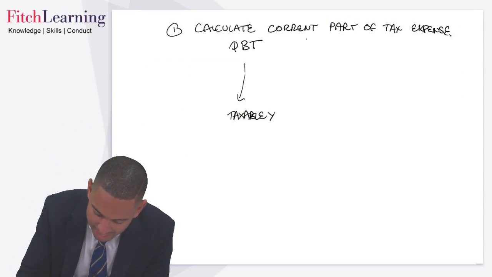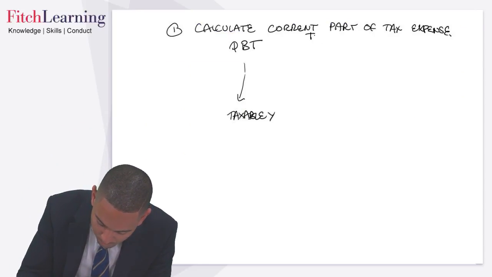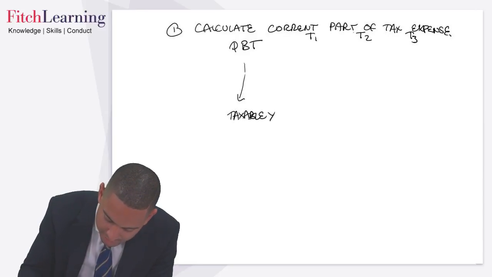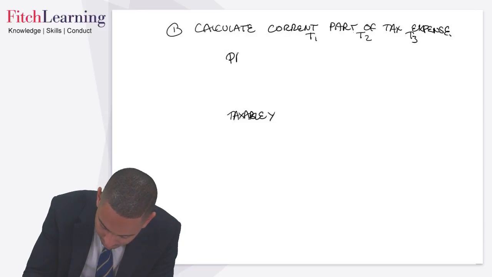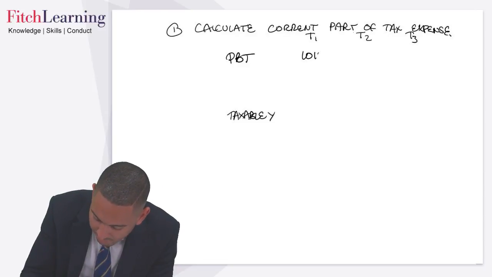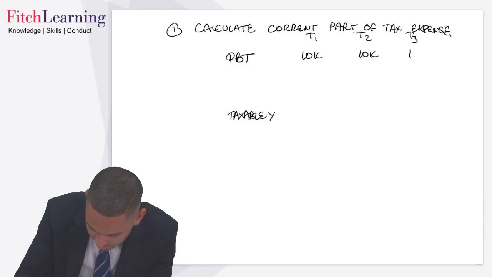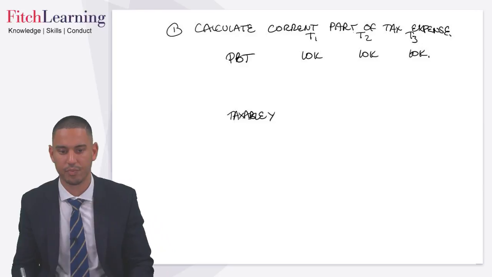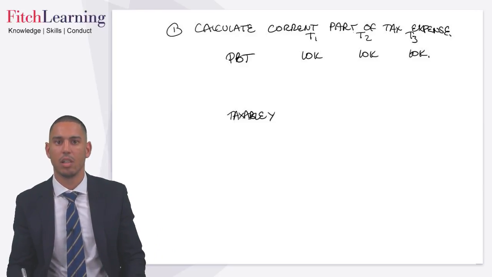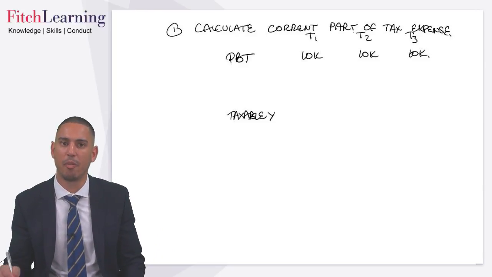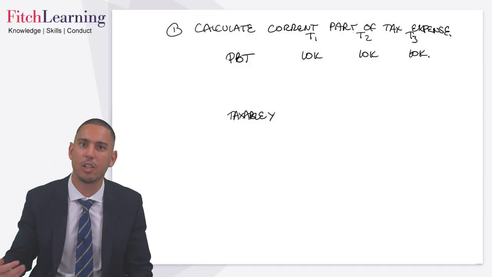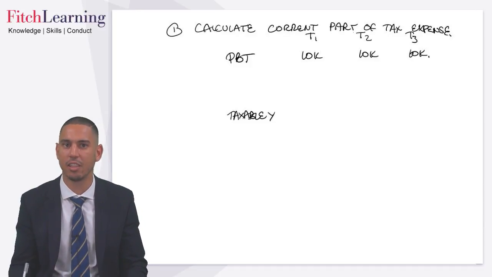So let's do it in every single year. Let's go T1, T2, T3. In every single year, my profit before tax, I'm just going to move this down slightly, is going to be 10,000. But this profit before tax is currently including depreciation.